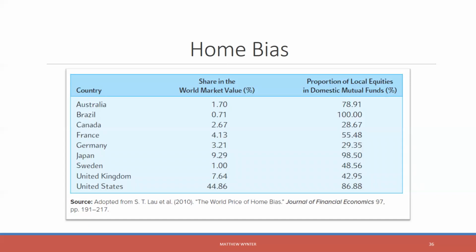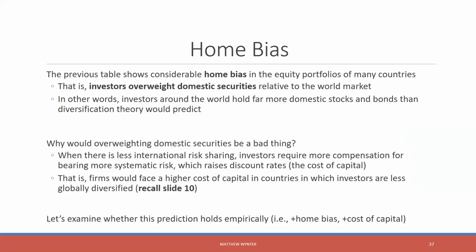So this is astounding. This is the home bias. The previous table shows considerable home bias in equity portfolios of many countries. That is, investors overweight domestic securities relative to the world market. So investors around the world hold far more domestic stocks and bonds than our diversification theory would predict.